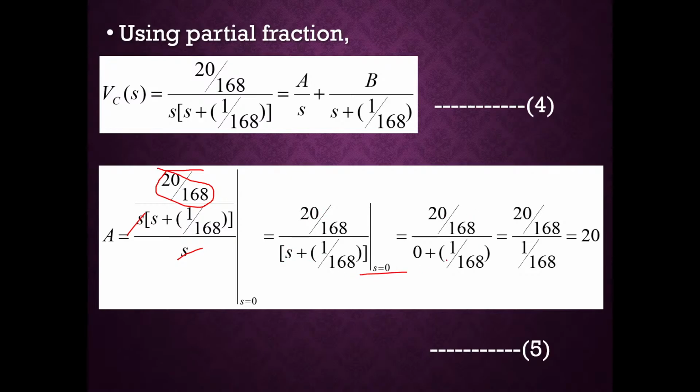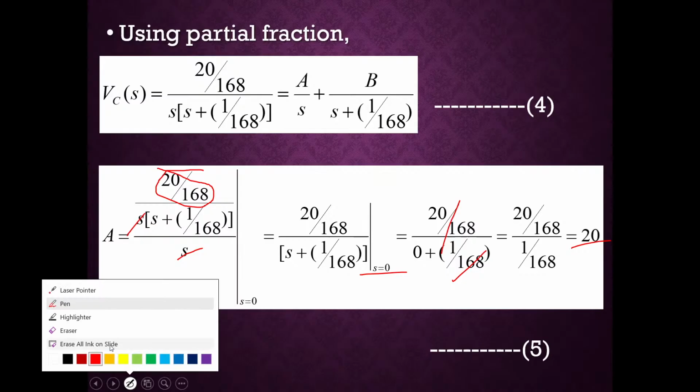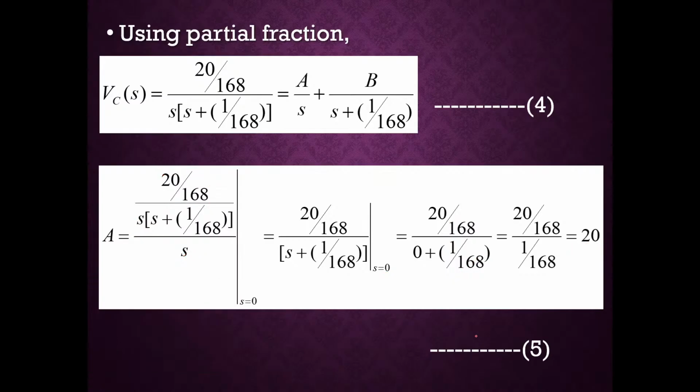You will get 20 by 168 by 0 plus 1 by 168. 168 cancels. What is left over? 20. So A value is 20. If anyone is watching, you can copy it down.